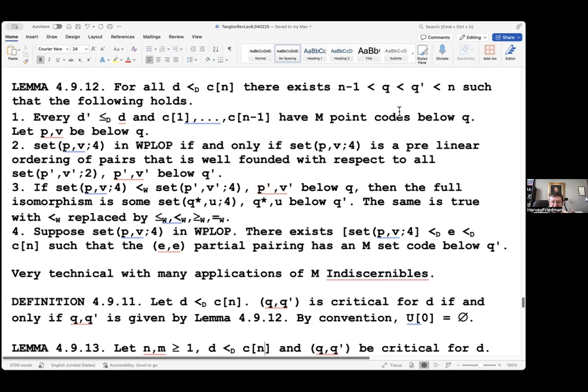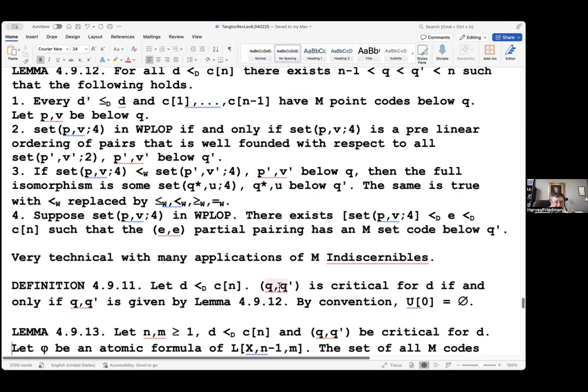And you can always do this because we know that they must exist below N by some sort of indiscernibility, and then they must exist below a Q prime that's below N by a straightforward use of indiscernibility back in M. And we call this pair Q, Q prime critical for D if and only if this lemma holds for that Q and Q prime.